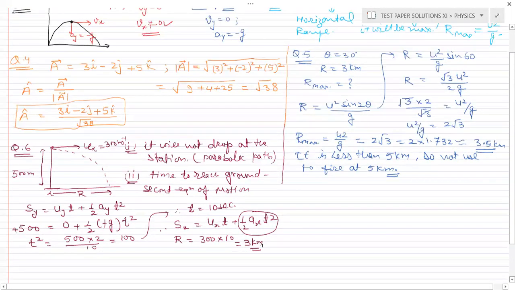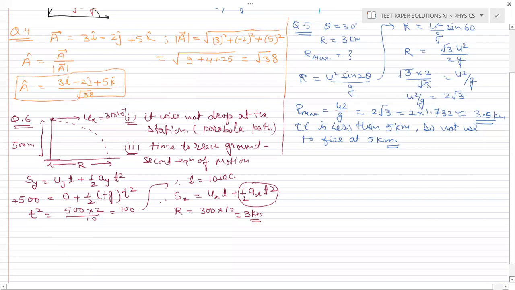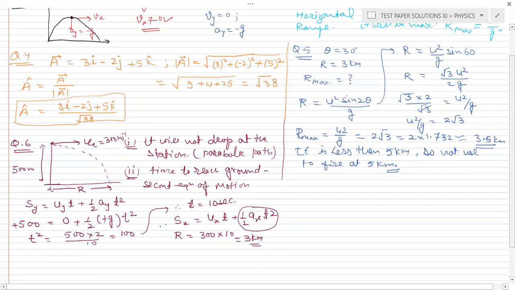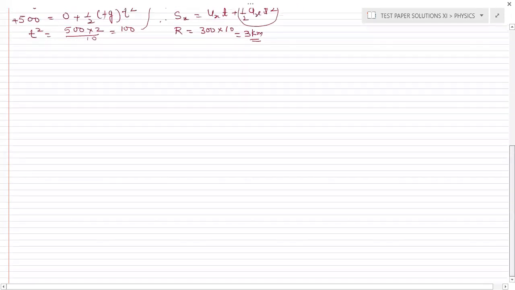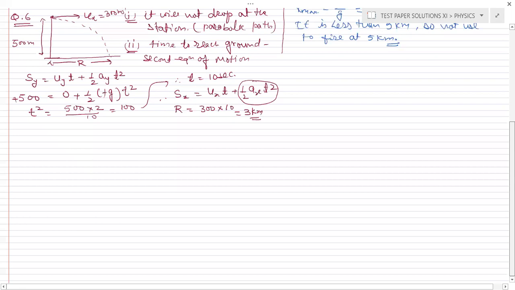Question number 7 is, for a projectile, prove that 8h is equal to gt square. Right? Question number 7.